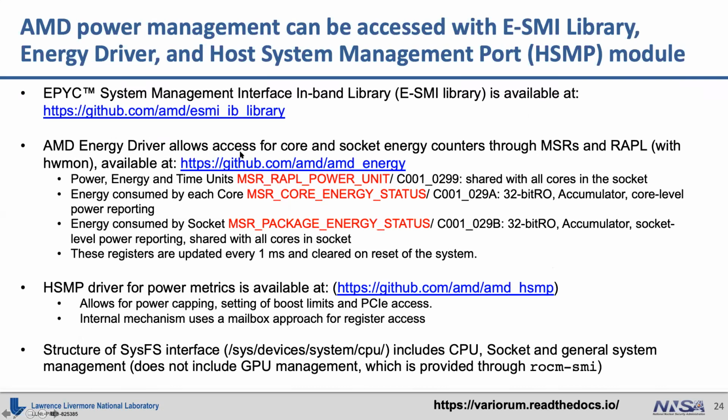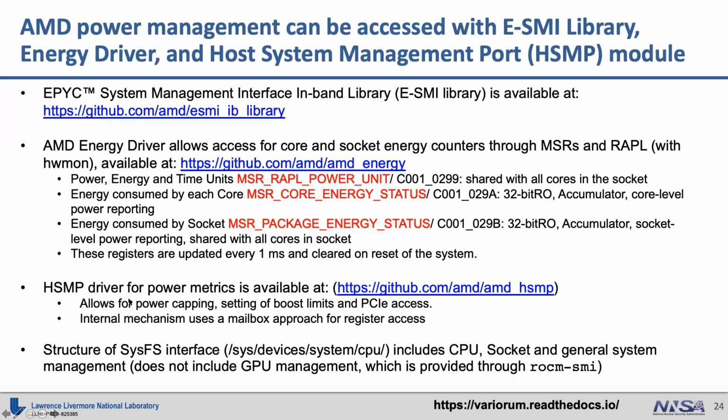It allows access to core and socket energy counters through MSRs. These, unlike the Intel RAPL registers, are primarily focused on measurement. So you can measure the core energy and the socket energy, and they are updated every 1 millisecond, which is also the same for the Intel system.